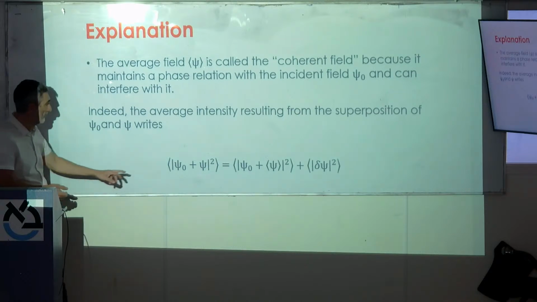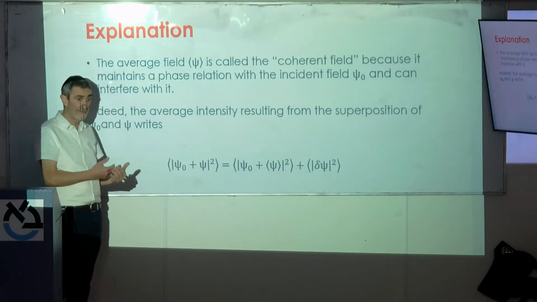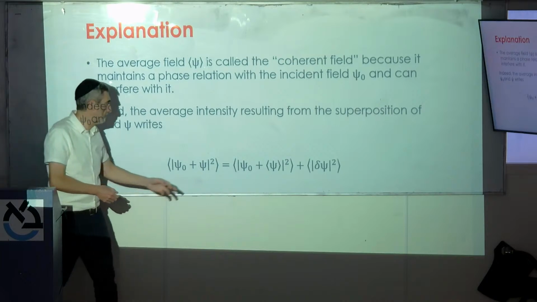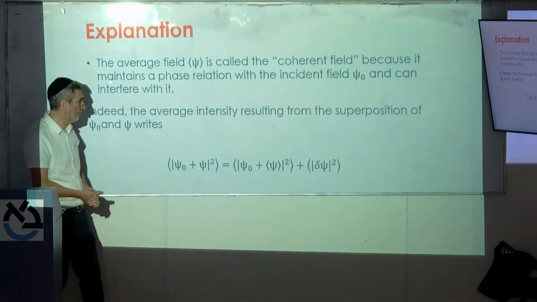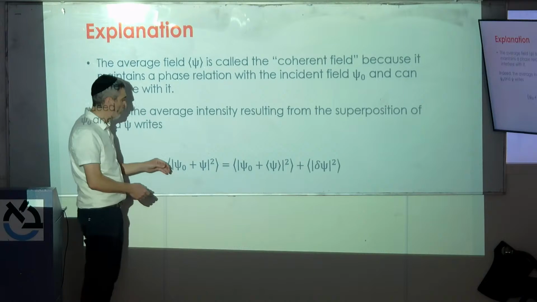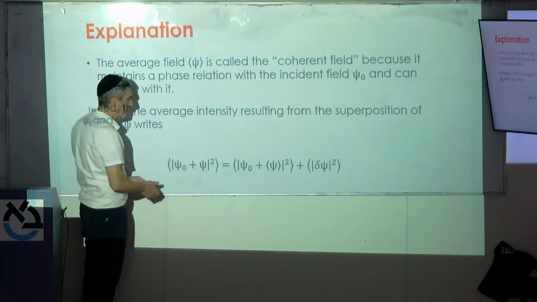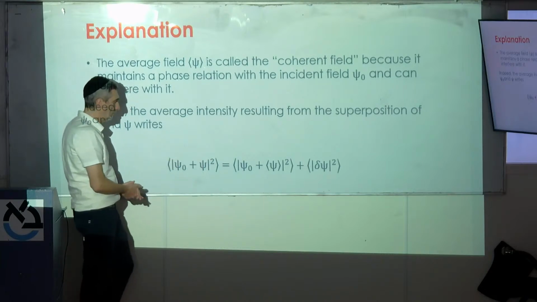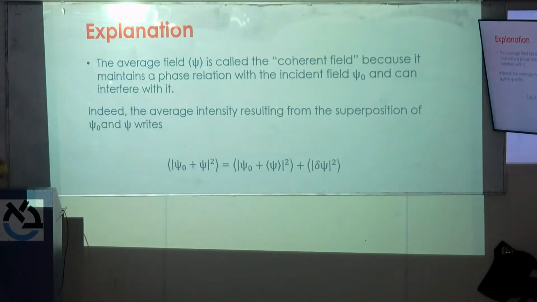So if you write psi 0 plus psi here, if you make them interfere with each other, what you get is psi 0 plus psi average squared, plus the fluctuation squared here. I do the same trick here. I replace psi by average psi plus delta psi, and then I have a plus b squared, and I square them, and the mixed terms go to 0 for the same reason.